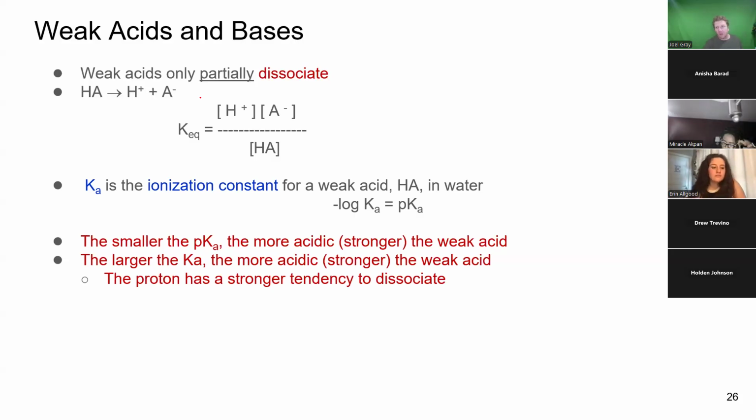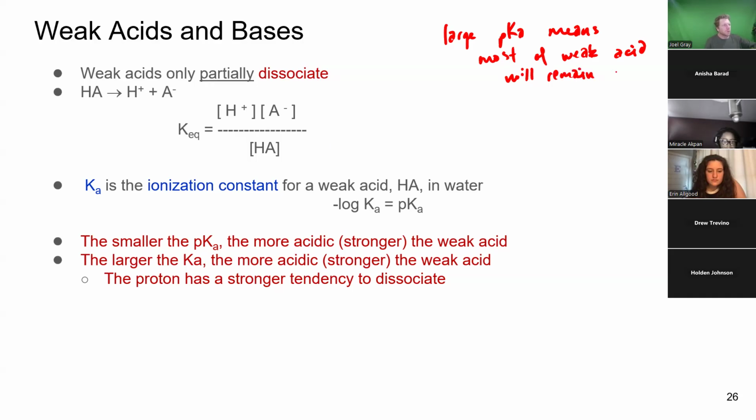So if you have a very large pKa, a large pKa means most of the weak acid will remain HA, remain intact.